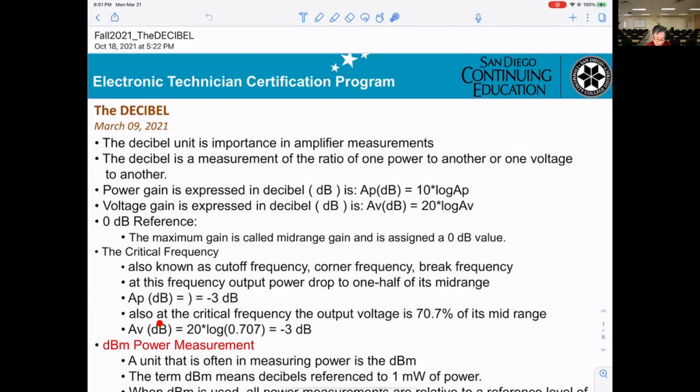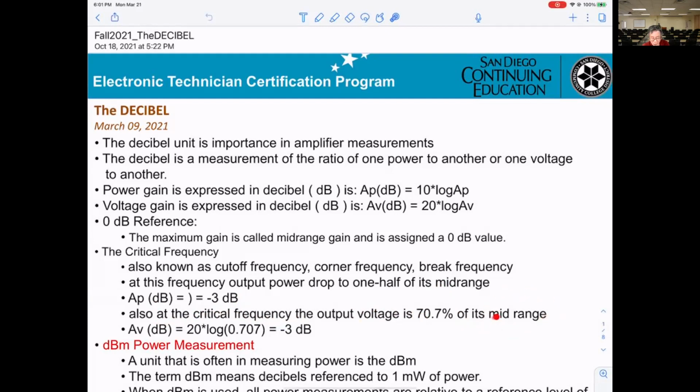Also, at the critical frequency, the output voltage is 70.7% of its mid-range. You understand mid-range, where they get the full.